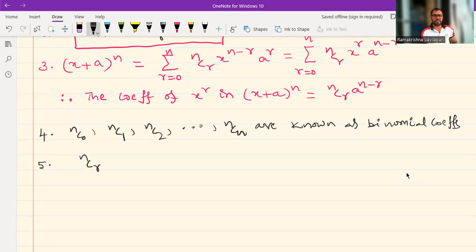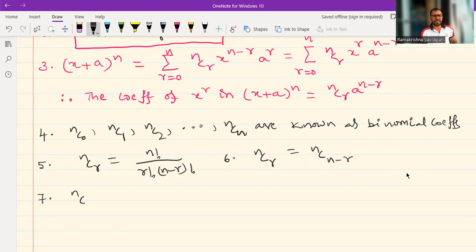The nCr formula, even though everybody knows well about this, but still I am writing: n factorial by r factorial, (n minus r) factorial. Also, I will write a few points about this. nCr equals nC(n-r), which means binomial coefficients from beginning and ending are equal.